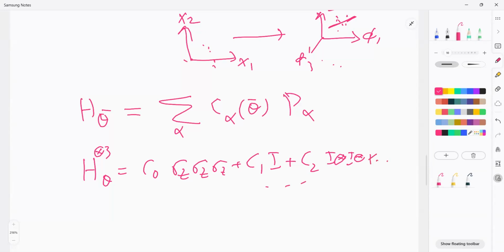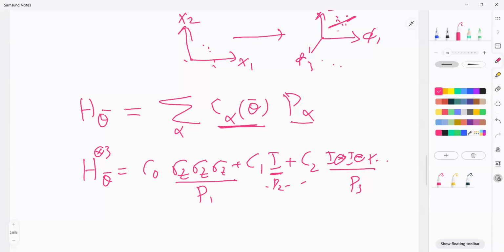So there are essentially 4 to the power 3 possible terms in here. This is one Pauli string, this is another Pauli string, this is another Pauli string. So that's what alpha means here. And this C alpha, which is a function of theta, depends on this parameter theta and whatever this Hamiltonian is.